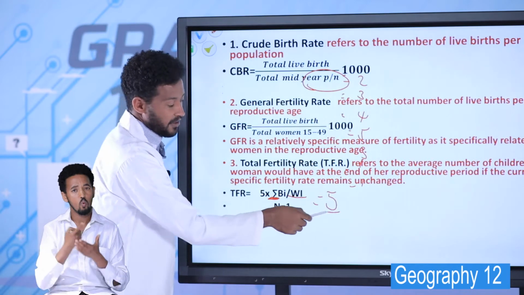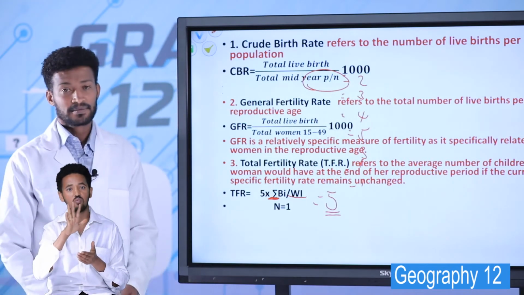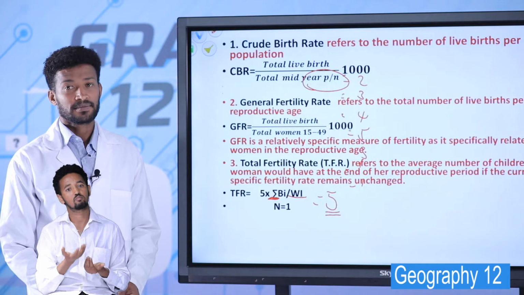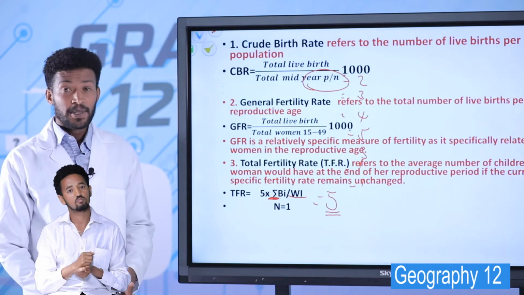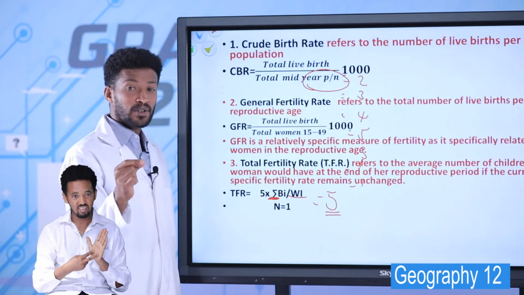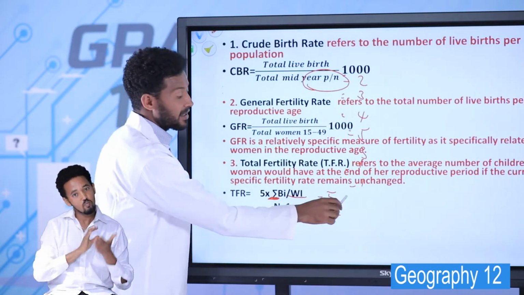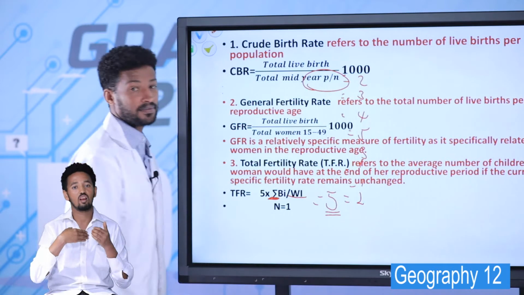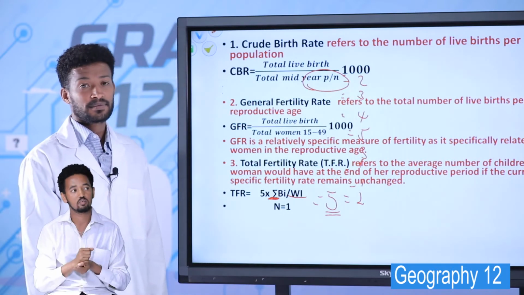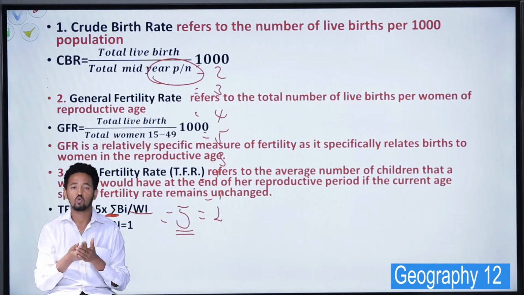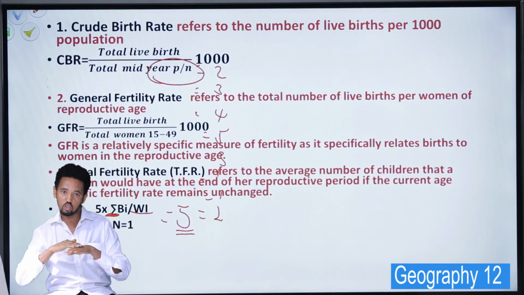What does 5 mean here? 5 means the number of children that would be born from a single mother. In short, the total number of children one woman may have during her lifetime.